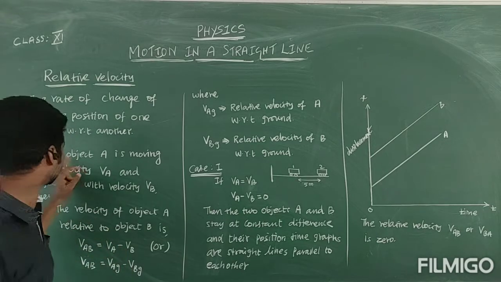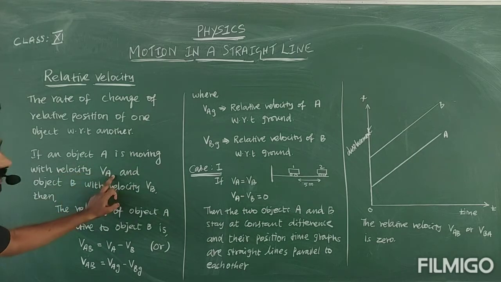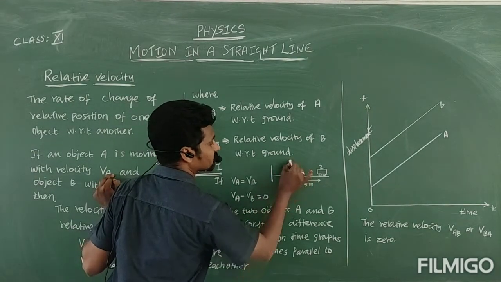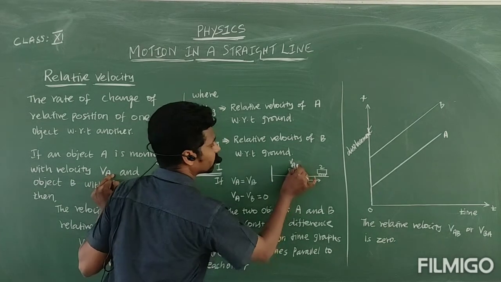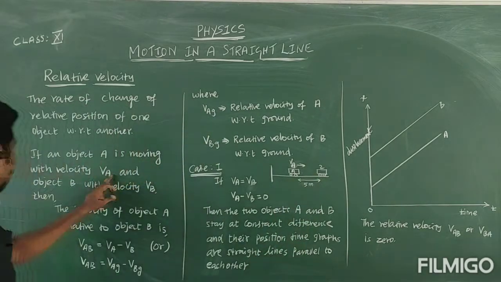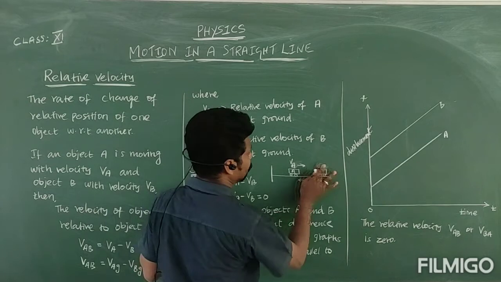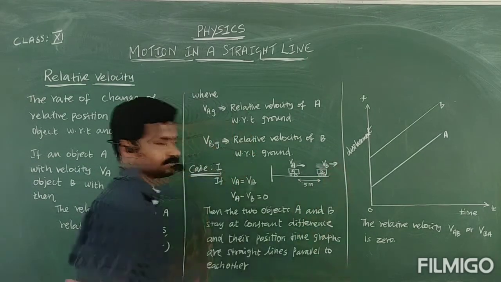See, if an object A, let's say this is object A, is moving with velocity VA, and object B with velocity VB. So this is object B, its velocity is VB.